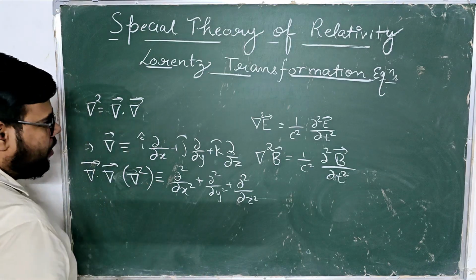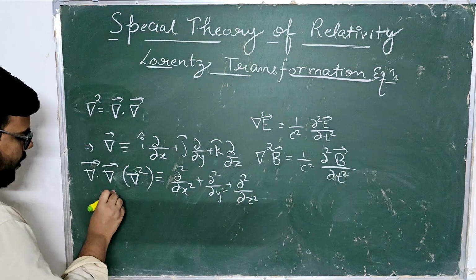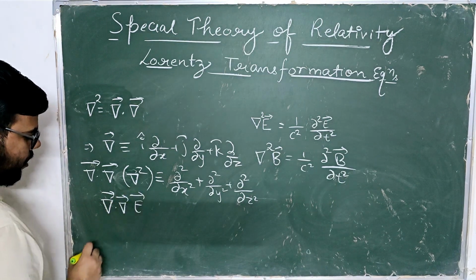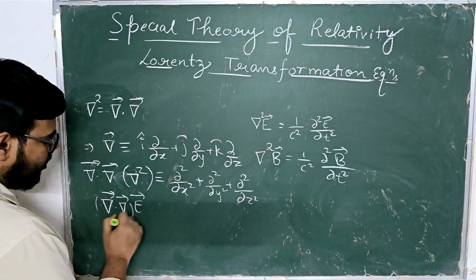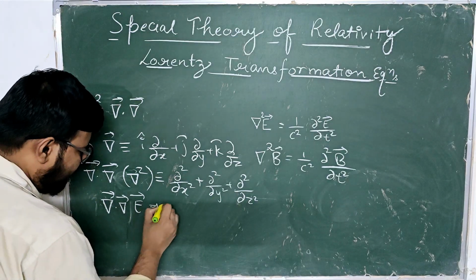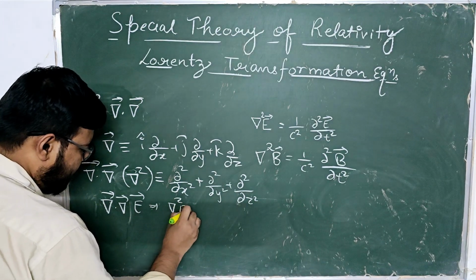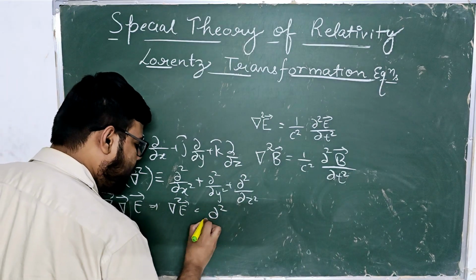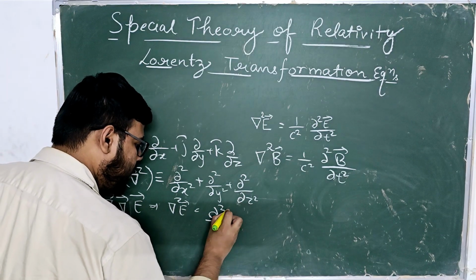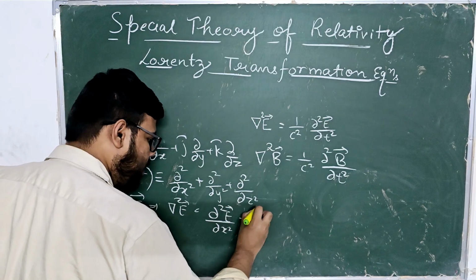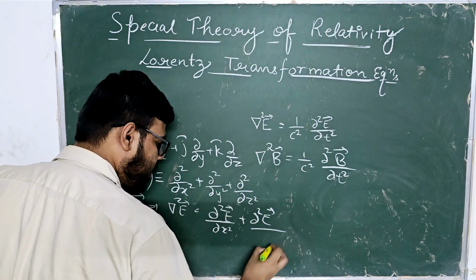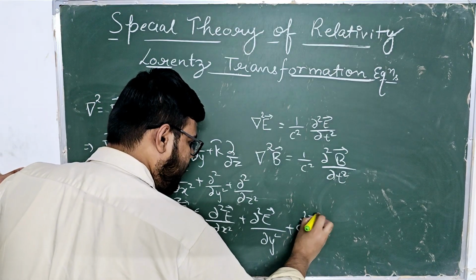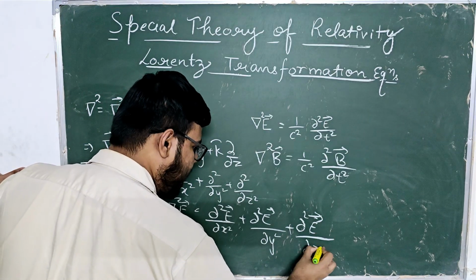So when you apply it on the E vector, you will get del 2 E vector by del x squared plus del 2 E vector by del y squared plus del 2 E vector by del z squared.